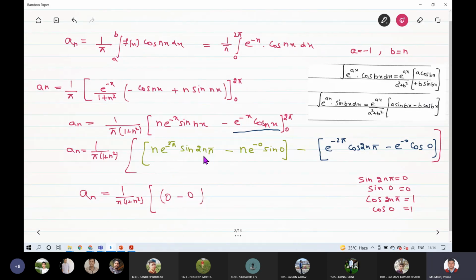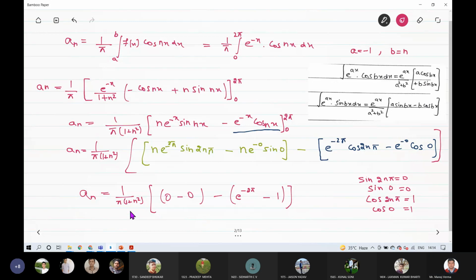Both the terms will be 0 because it is sin 2n pi and it is sin 0, and minus e raised to the power minus 2 pi into 1 minus 1. Okay.